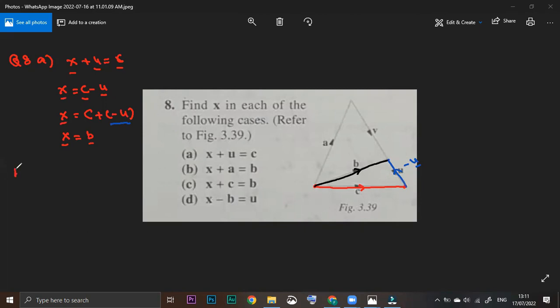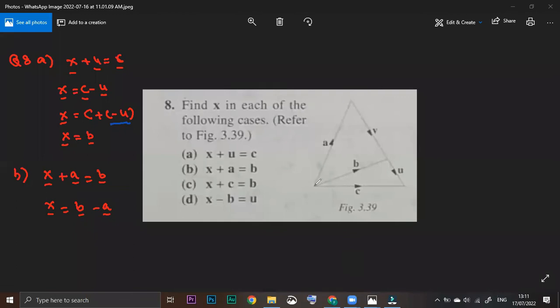Now B part. X plus A is equal to B, and X is equal to B minus A. We want to put the tail of minus A at the head of B. B is the first vector.